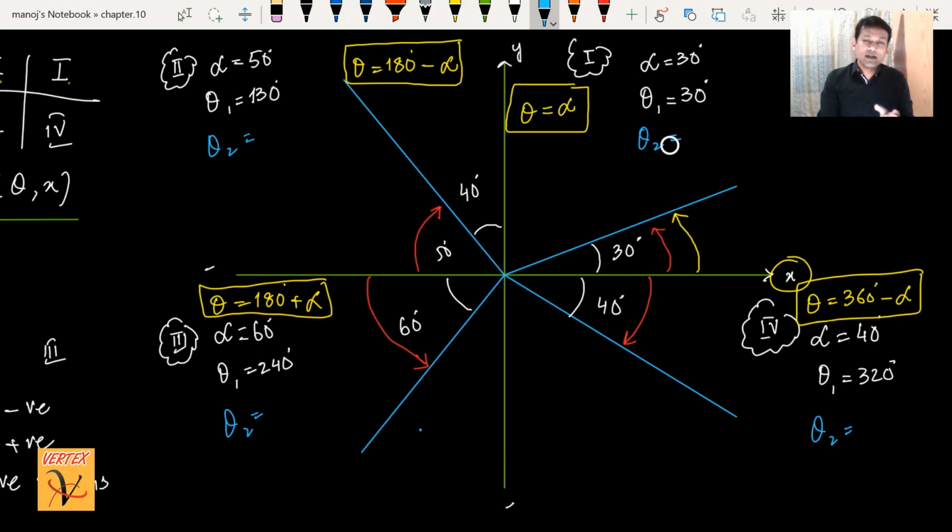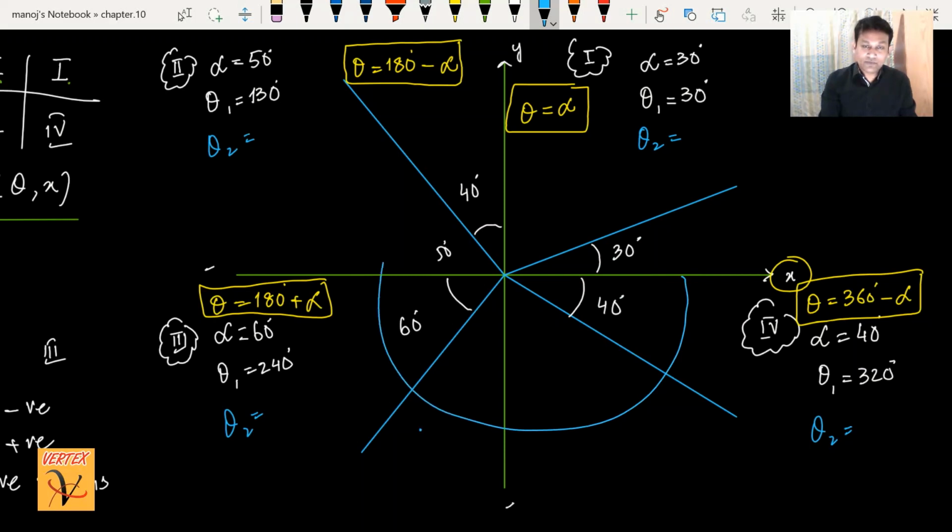To find the general angle, we always move from the positive x-axis, and we cannot move from the nearest x-axis. We have to move from the positive x-axis. From this point, I am moving from the positive x-axis. I want to move from here to this line, but this is anti-clockwise. Clockwise means I have to move like this.